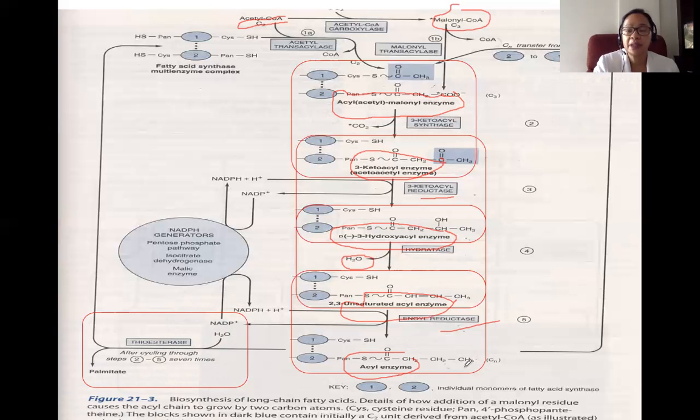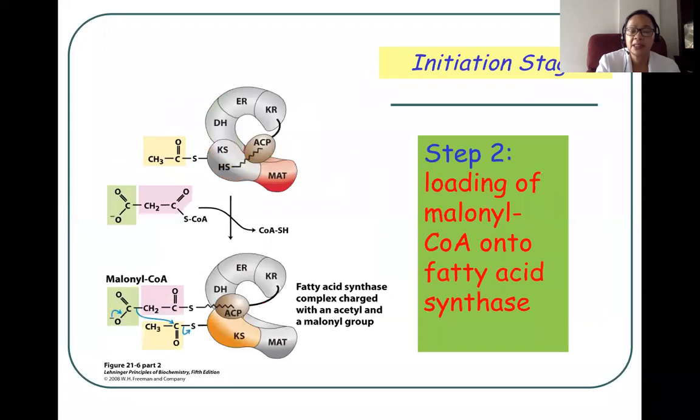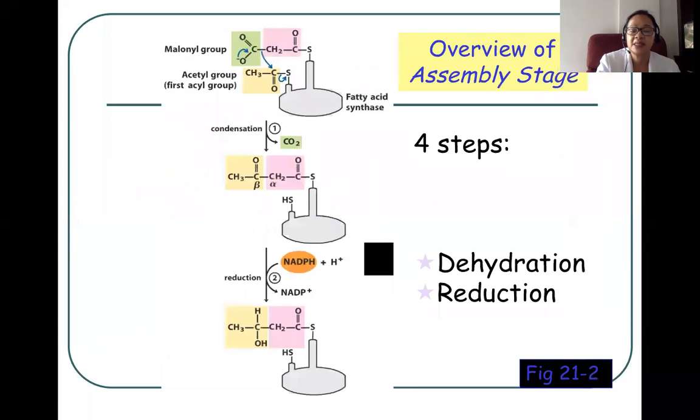So this particular cycle will go back again, wherein it will condense with a molecule of malonyl coenzyme A. For every cycle that it undergoes, there would be an addition of 1 molecule of malonyl coenzyme A. So there's loading of malonyl to fatty acid synthase: condensation, reduction, dehydration, reduction.